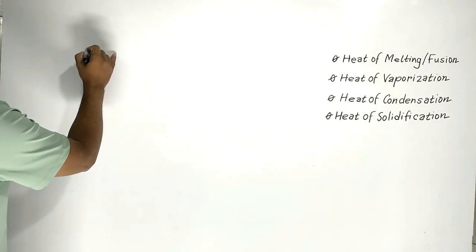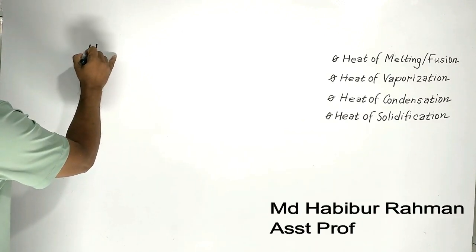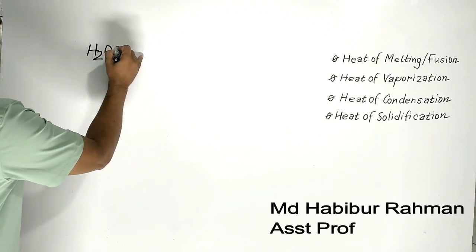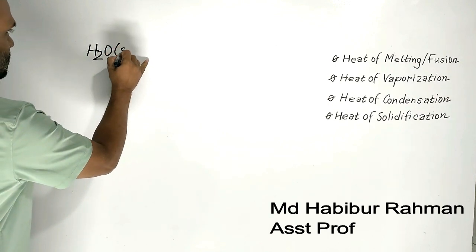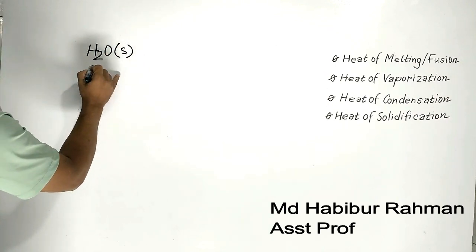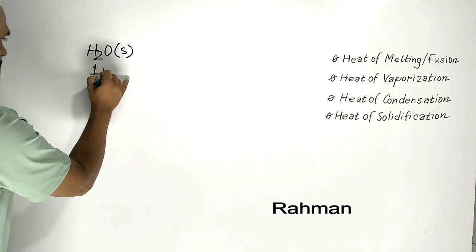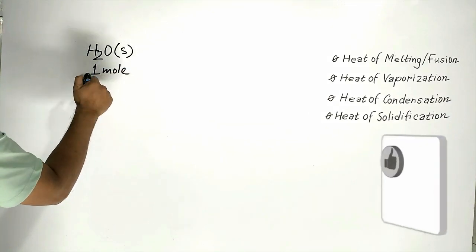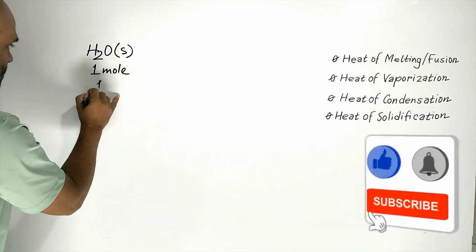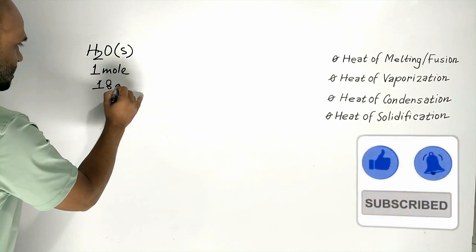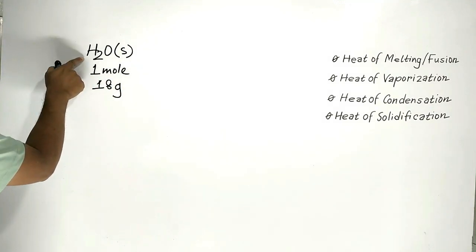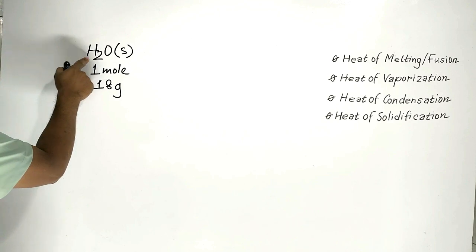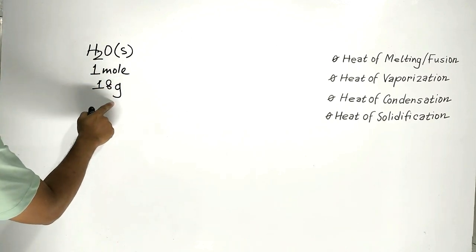This is applicable for solid substance, solid H2O. Here, 1 mole solid H2O has been taken. 1 mole is actually 18 gram. Gram molecular mass of H2O is 18 gram.